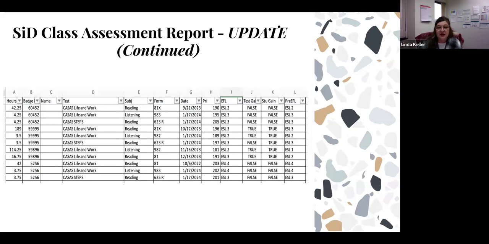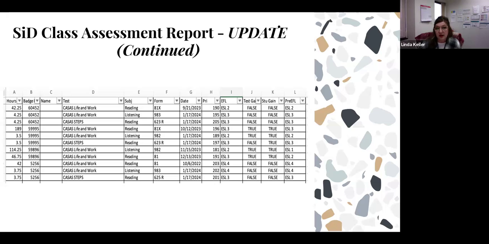So again, you can see the name columns completely blank, but in the first column, you can see how many hours each student had. You can see their badge ID, who it's linked to. The fourth column provides you all the different CASAS series that anybody in this class that I extracted the data for had, it shows all of the different series in there. The next column will show you the subjects of the testing that was done. The next column will show you the form that was delivered, whether it be 81 or the 900 series or the 600 series, and so forth.